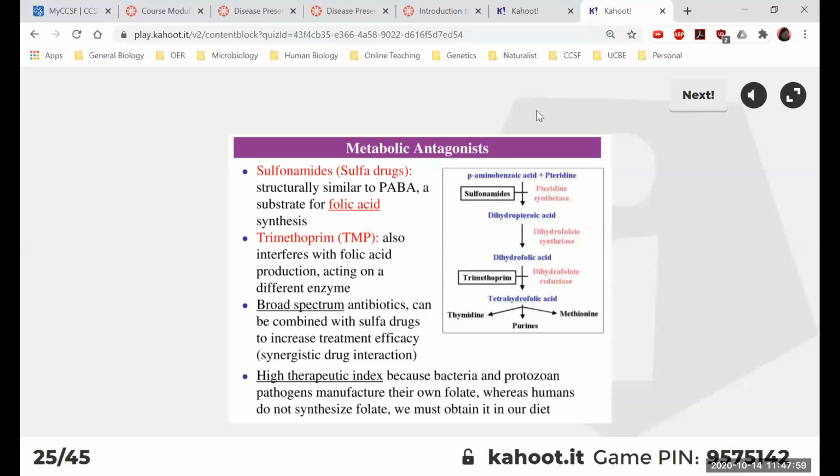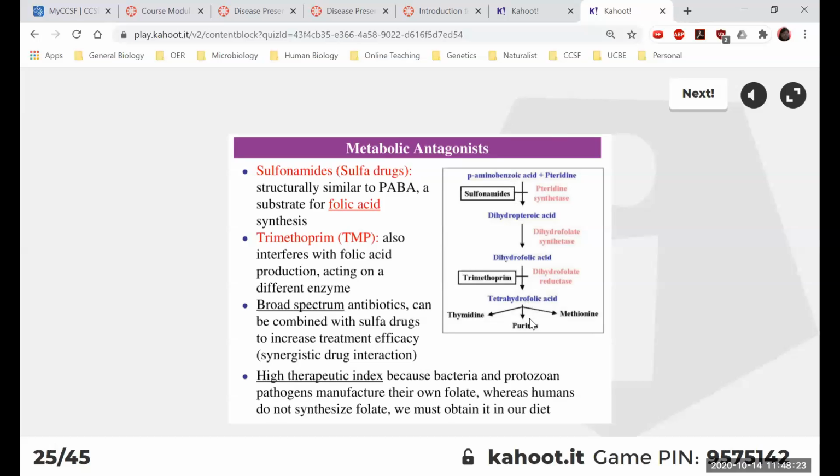So those are protein synthesis inhibitors, and they also tend to have a decent therapeutic index because bacterial ribosomes are different from our ribosomes. That's why you have a whole lot of drugs that belong to the protein synthesis inhibitor class. The metabolic inhibitors: we are mainly talking about folic acid synthesis.